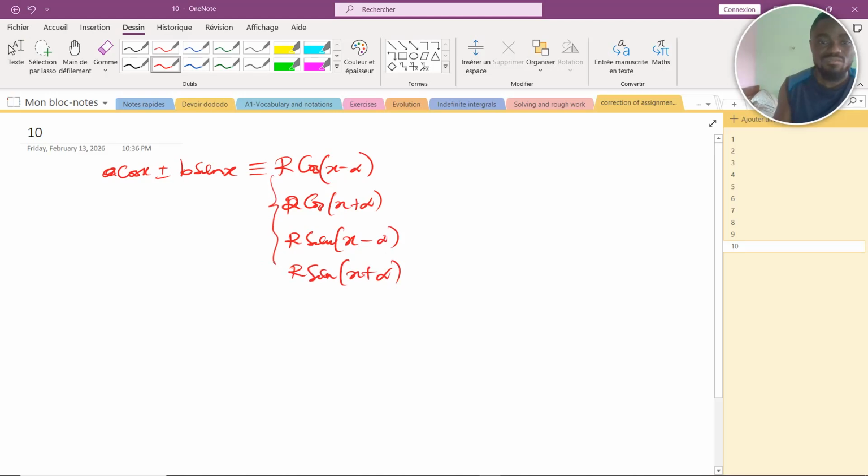So these are the different forms into which you can turn an expression of this form.